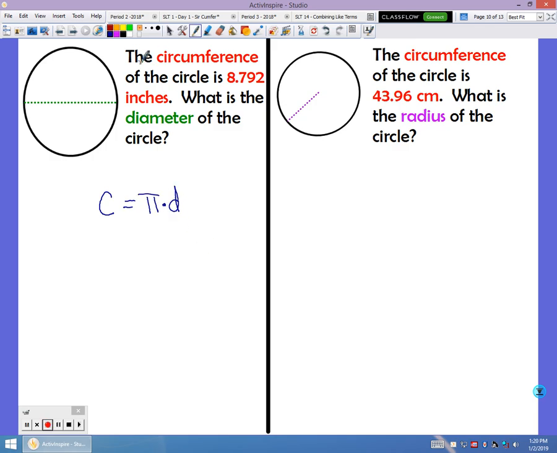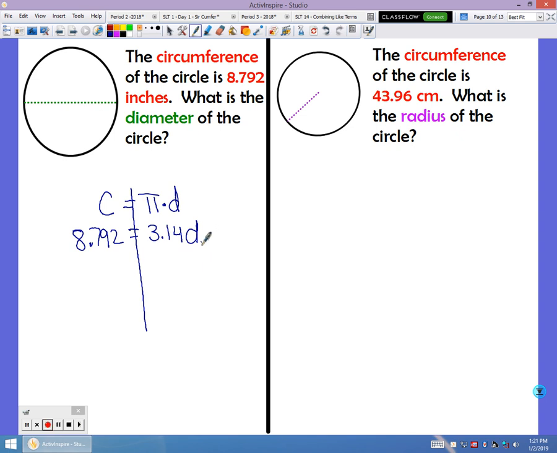Now, when I read this carefully, it says the circumference is 8 792 thousandths. That means I'm going to replace C, or circumference, with that number. Pi is 3.14, and now I don't have my D. That is what I am going to calculate.